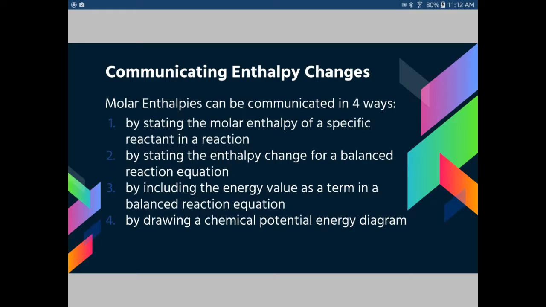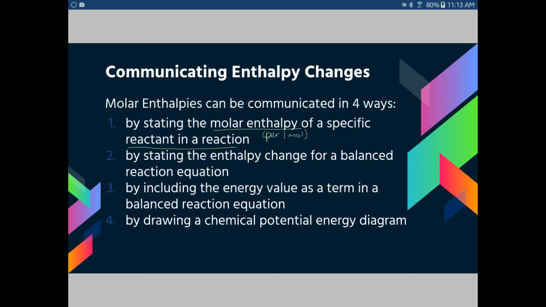The first is by stating the molar enthalpy of a specific reactant in a reaction. Molar enthalpy is the enthalpy per 1 mole of a specific reactant in a reaction. Second, we can state the enthalpy change of a balanced chemical reaction.